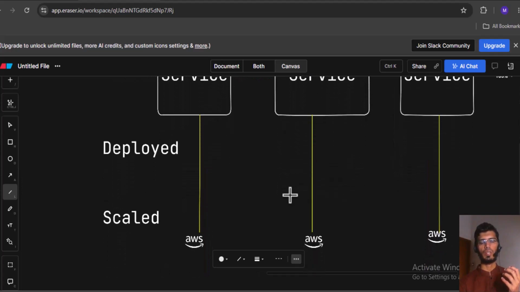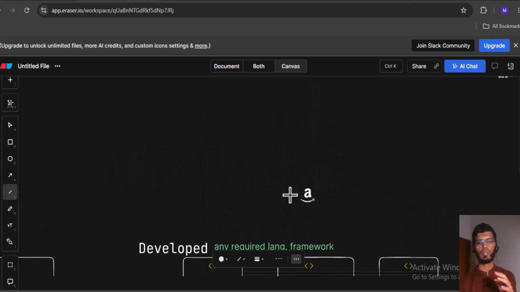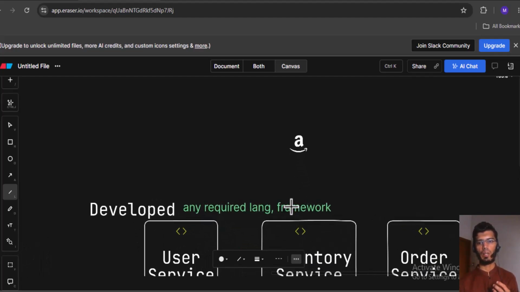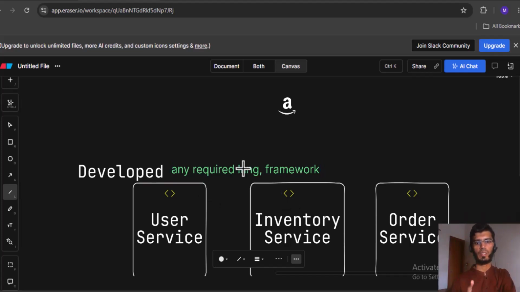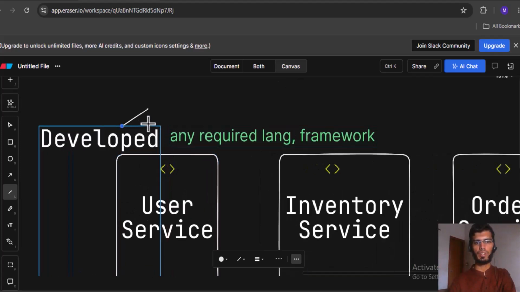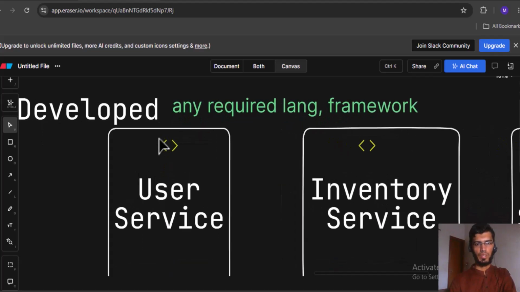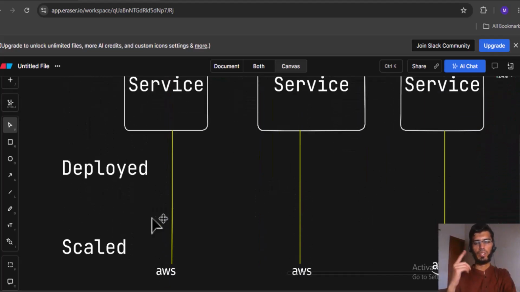Remember, this was the core feature that we desire in monolithic architecture, because monolithic architecture does not allow us to scale a single module, or to develop or deploy a single module. But in microservices architecture, we can develop a particular service. Why? Because we have a separate code base for each microservice, and we can also deploy or scale it because each service is deployed separately.